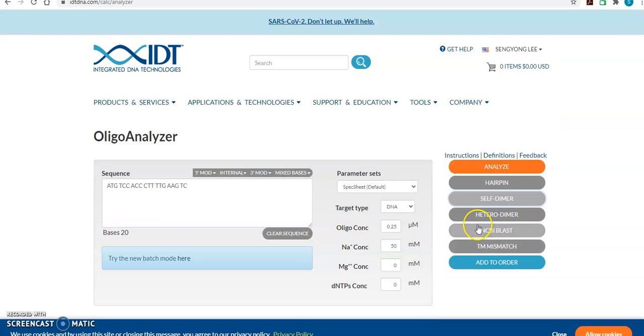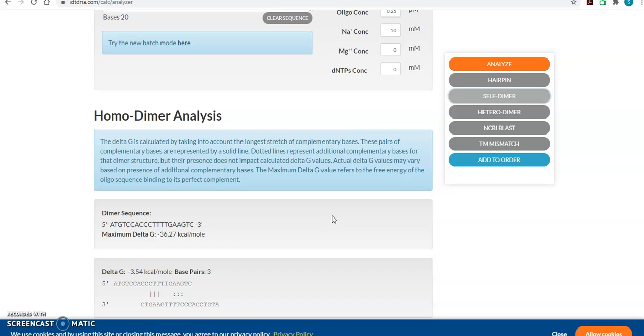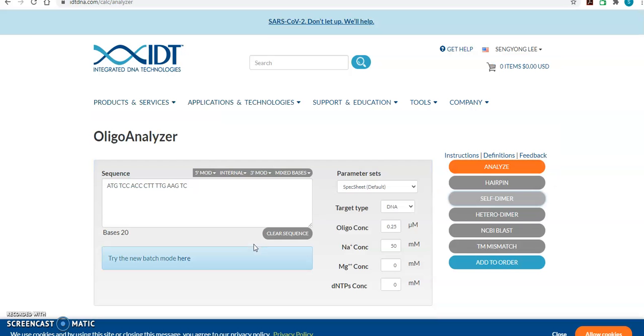I want you to do all these analyses and then copy and paste your results into a Word file. You can tell me the melting temperature of each primer, the possible hairpin structures each primer has, and the possible self-dimers each primer has.